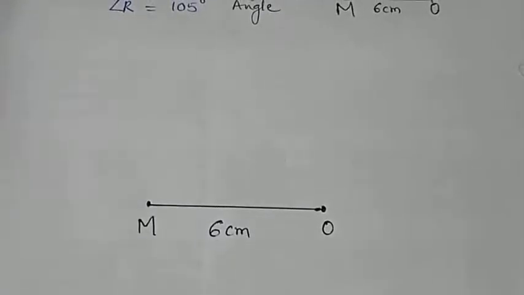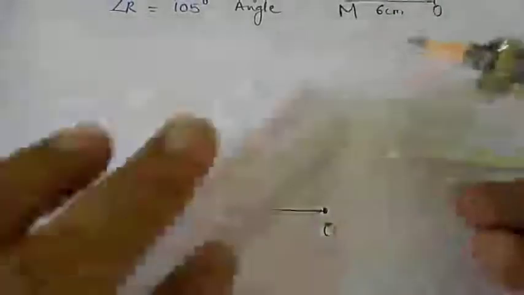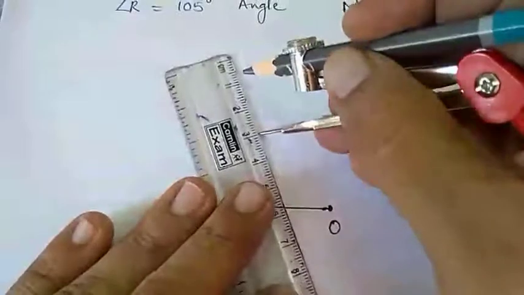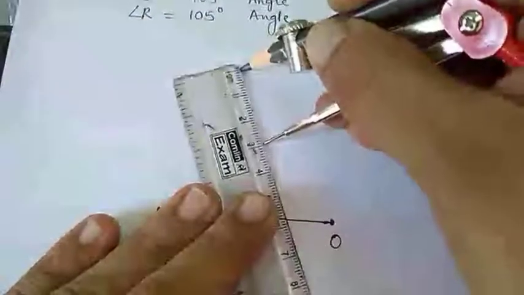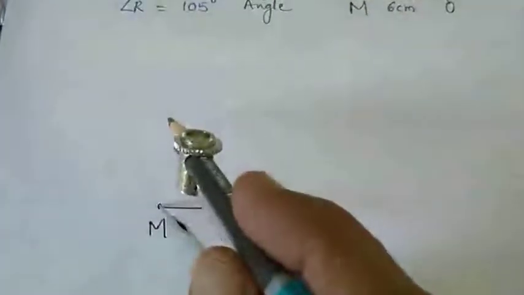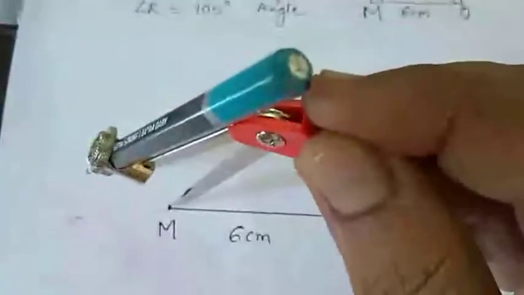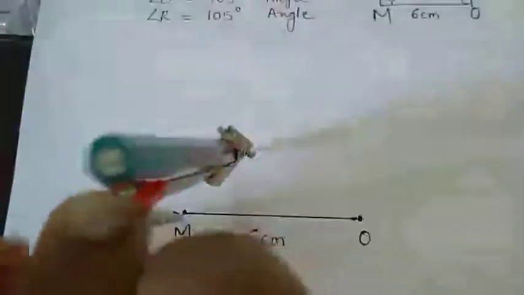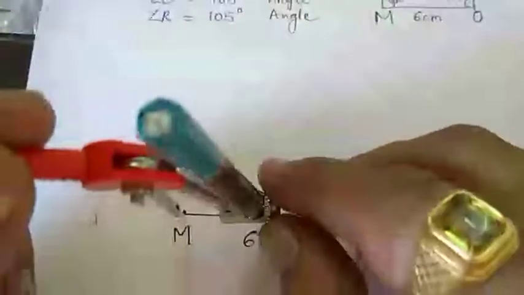So using compasses, and 3 centimeter radius, I generally say that it works well, 3 centimeter normally. Okay, taking M as center, draw a semicircle on it.